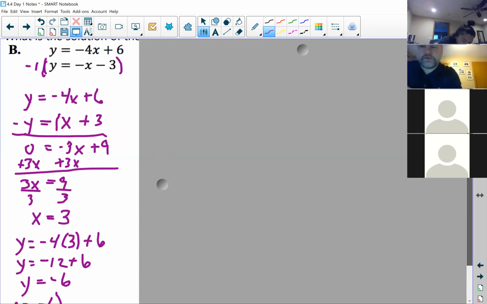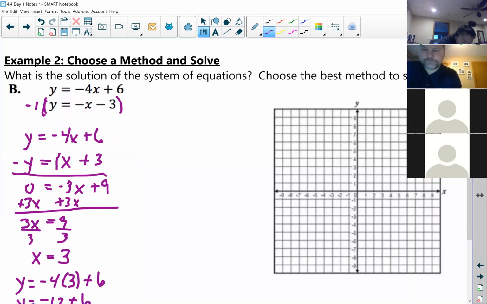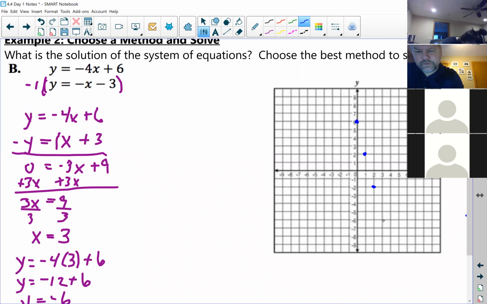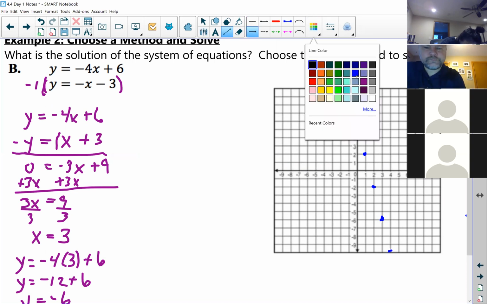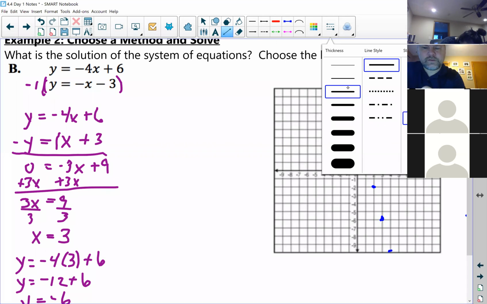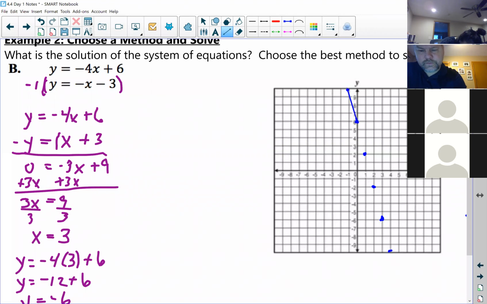If I use graphing, my top equation has a y-intercept at 6 and a slope of -4. Looks something like that.